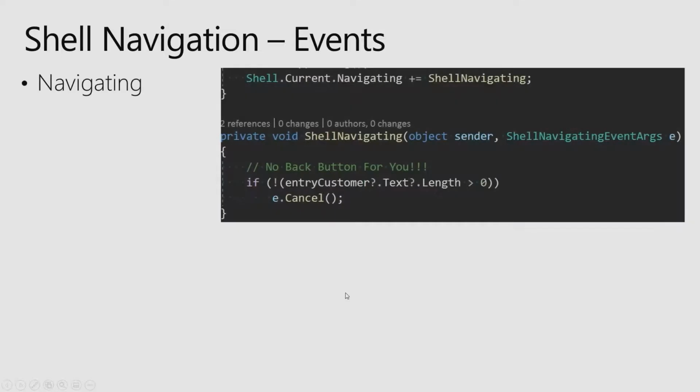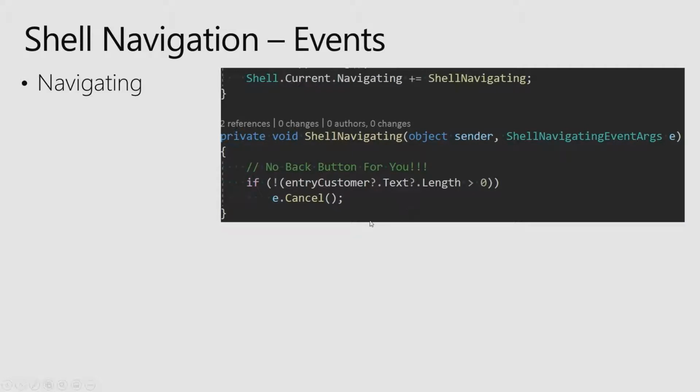But shell gives you these neat ideas where you can tap into anytime shell is navigating. For example, there's a cool API here, navigating, where anytime shell tries to navigate, so this even works for the back button. If the user hits the back button, navigating is hit, and then you can cancel the navigation. You can look at where they're going, et cetera.